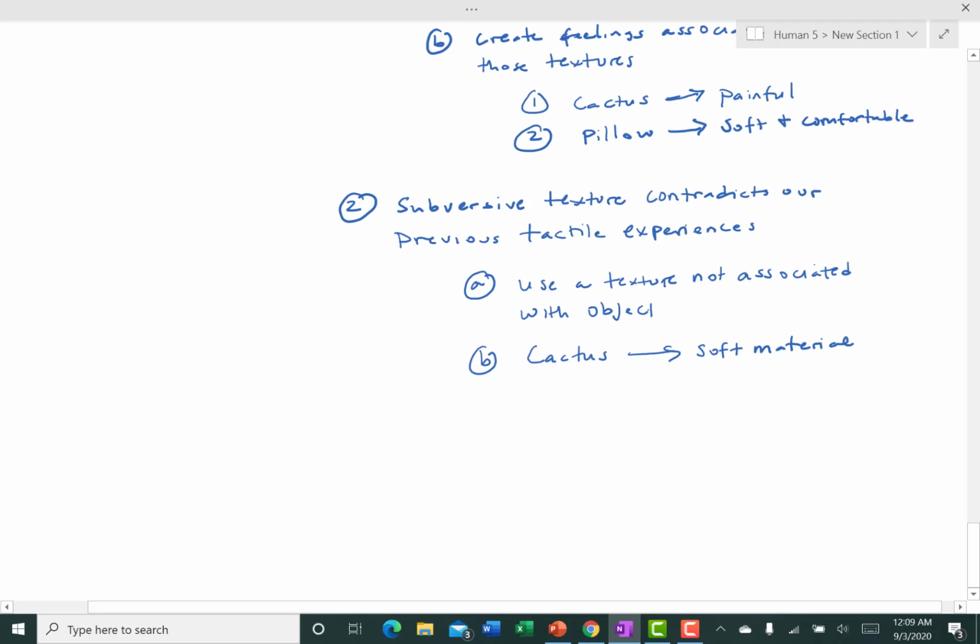And so when you touch it, you have this soft, comfortable feeling, but it's the exact opposite of what you expect a cactus to be. And this is specifically done a lot of times for commentary.